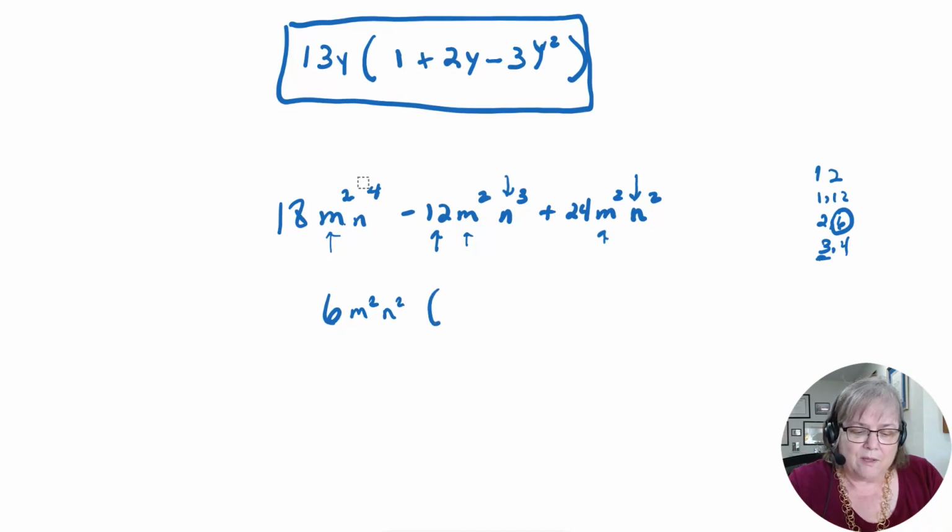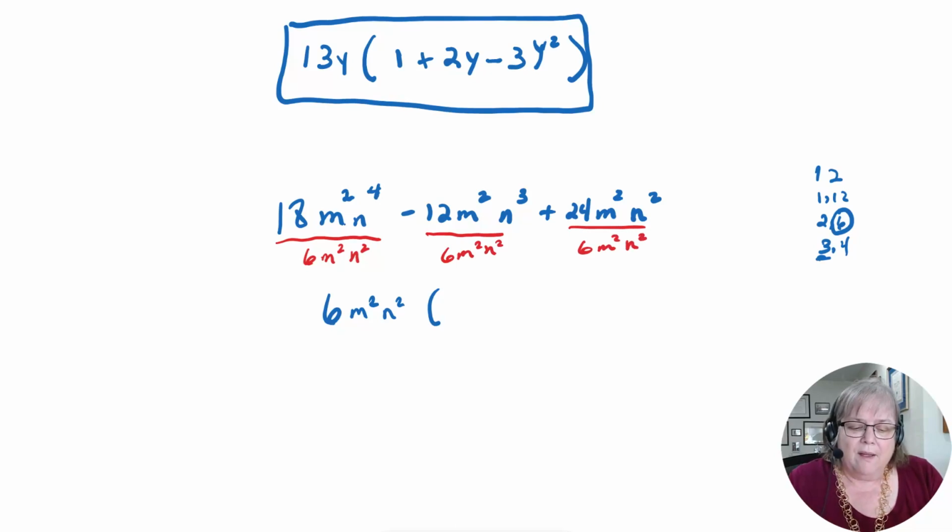So what I'm going to do, and you can write this down or you can just kind of do it in your head, depends on your comfort, right, is I'm going to divide this out of each term. Okay, so I had 18 and divided by 6, that leaves me 3.